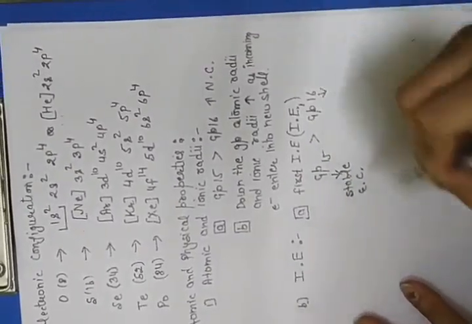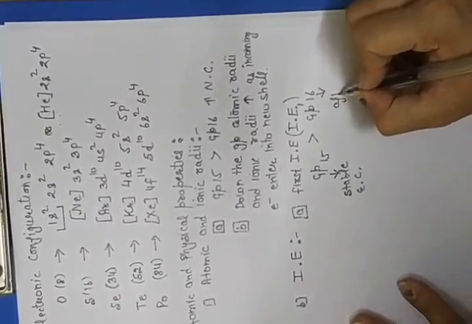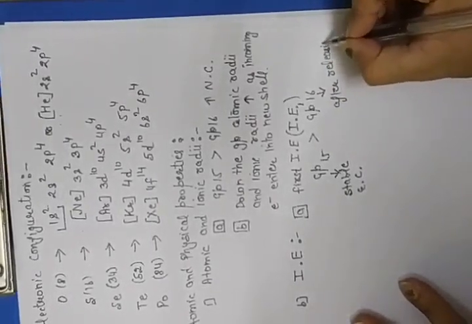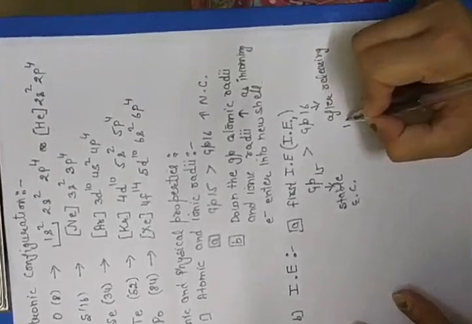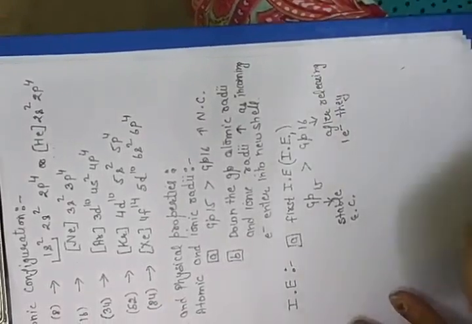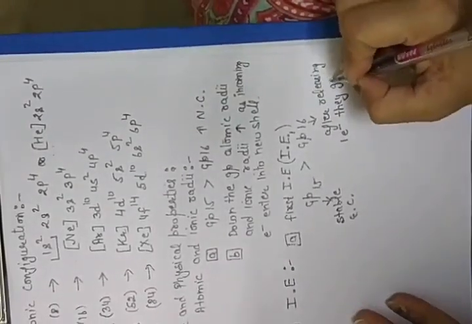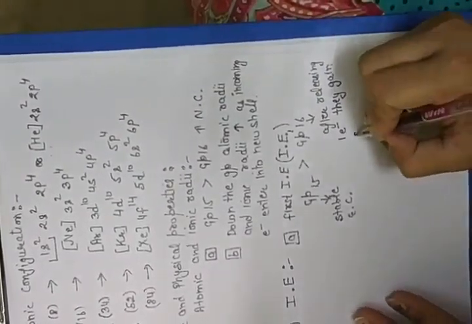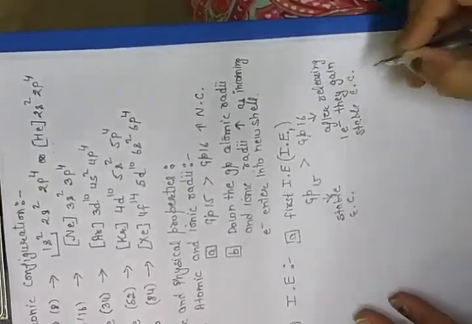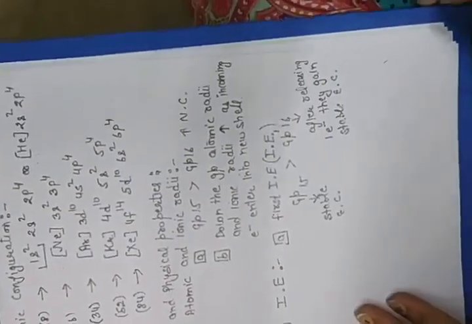But in the case of group number 16, after losing one electron, they gain a stable electronic configuration, hence they readily release one electron.